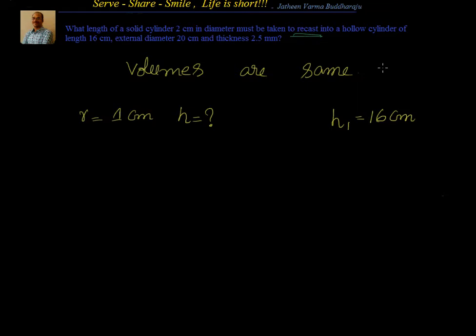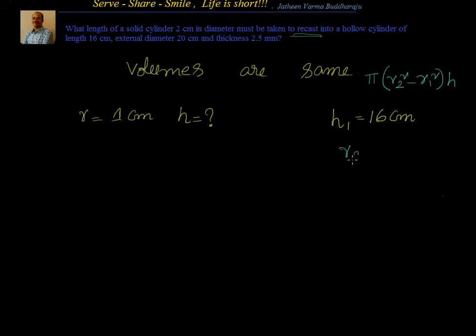Now what is the volume of a hollow cylinder? The volume of a hollow cylinder is pi into R2 square minus R1 square into H, where R2 is the external radius and R1 is the internal radius. What is given to us? External diameter is 20 centimeter.